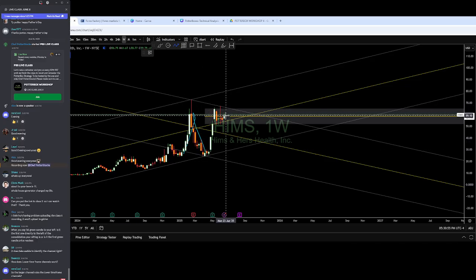A triangle is an attempt at control from both those who are pushing it down and those who are pushing it up, or you could even say passing or handing off that control. And this is actually why I decided I wanted to try to take HIMS to the downside, because it was making a lower high and it was sitting in consolidation, and I still am expecting price to break in one direction or another.